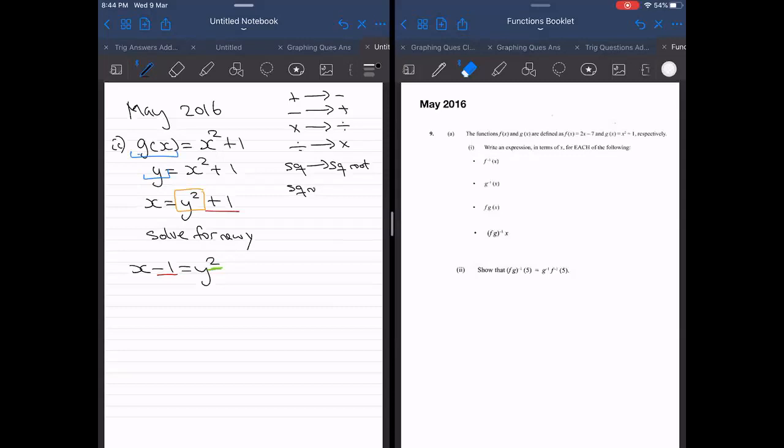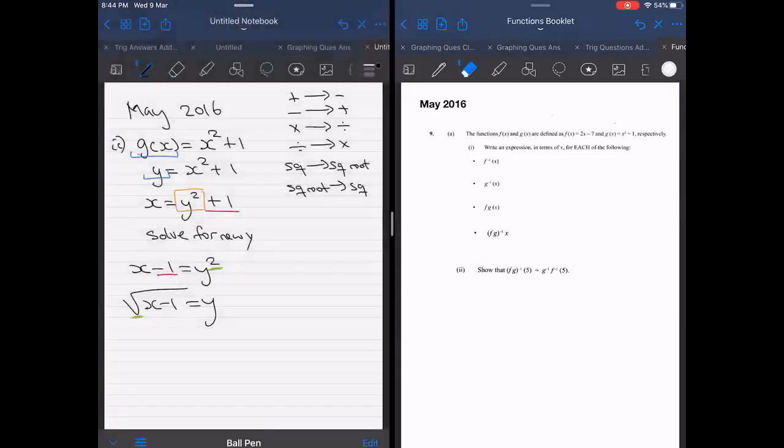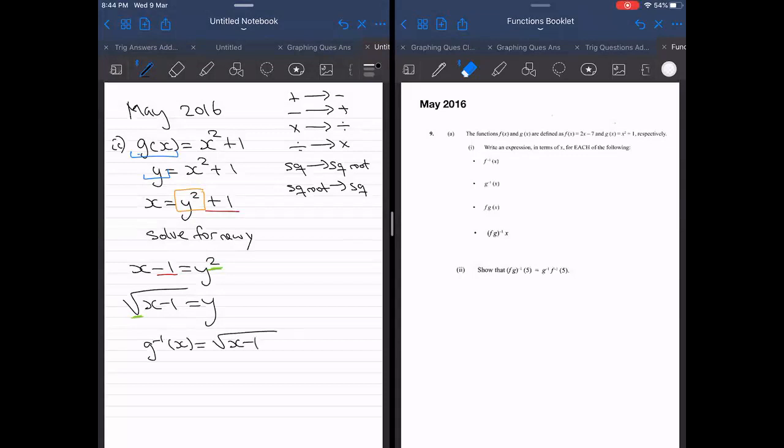Similarly, the opposite of the square root is the square. So I would have to square root the other side. That was a little bit new, so that's why I wanted to go through it. So G inverse of X would be the square root of X minus 1. I'm not going to work the other part, but I do want to give you some instructions to walk you through it.